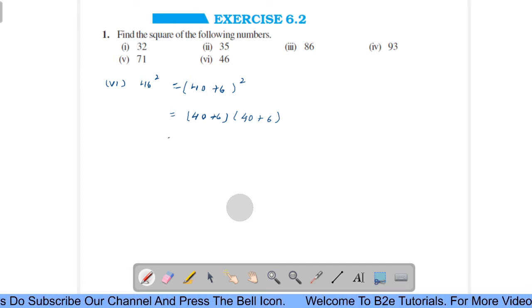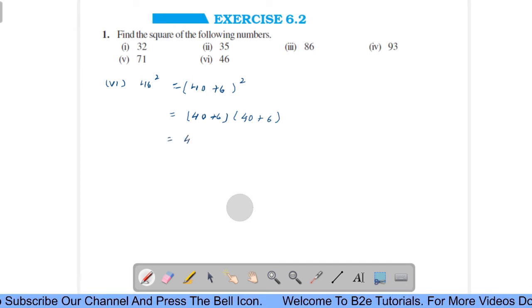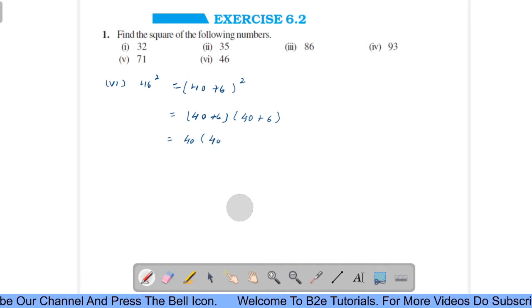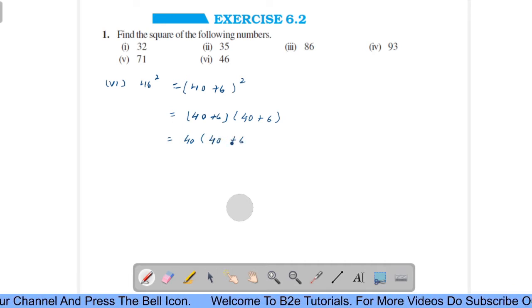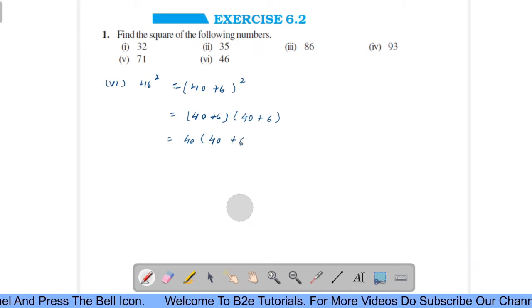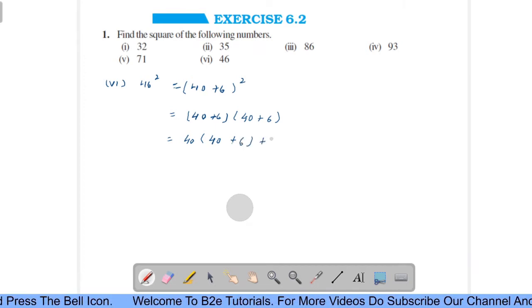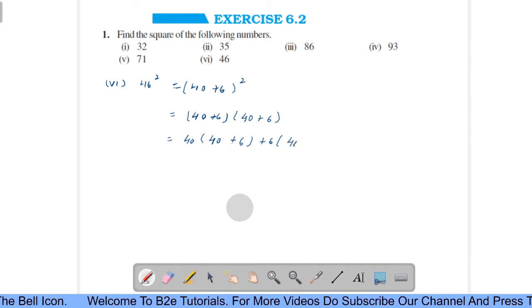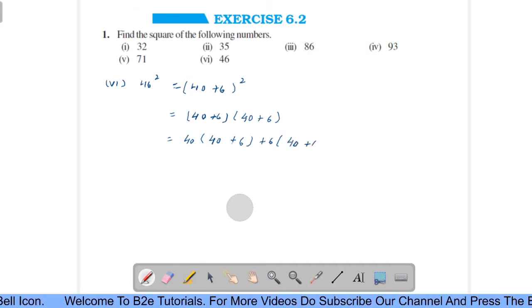Now open the bracket. It is 40, it is multiplied with second bracket, 40 plus 6, plus 6. It is again multiplied by second bracket, 40 plus 6.